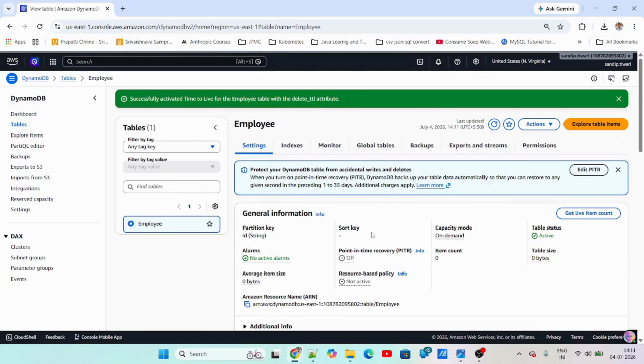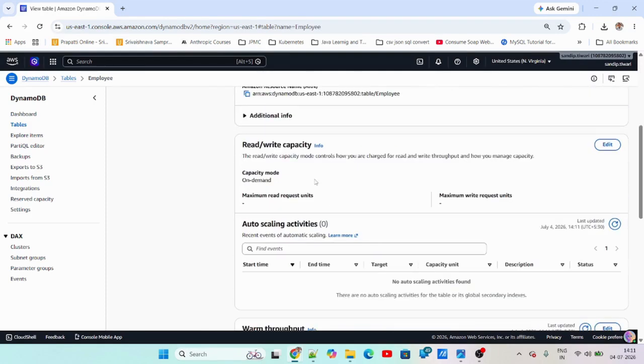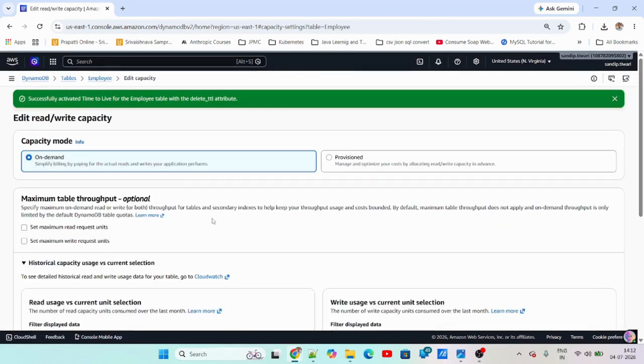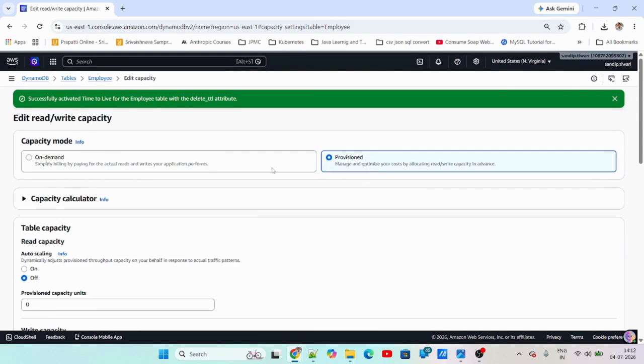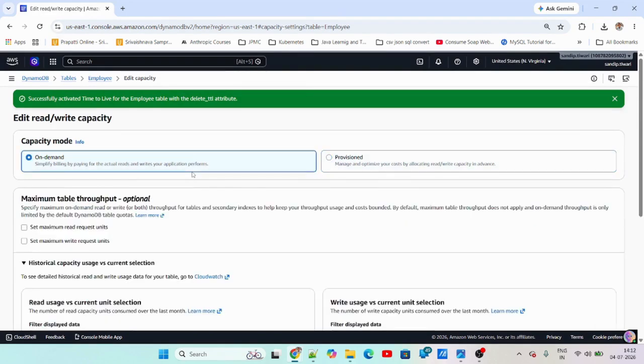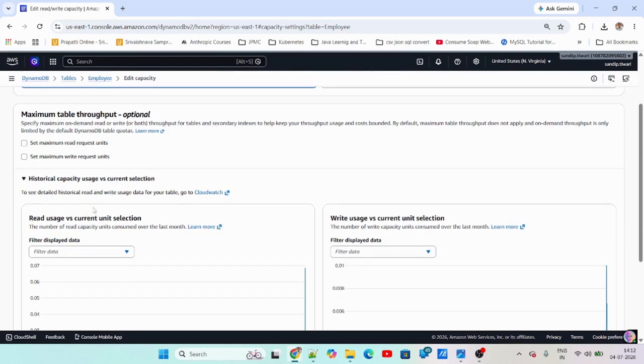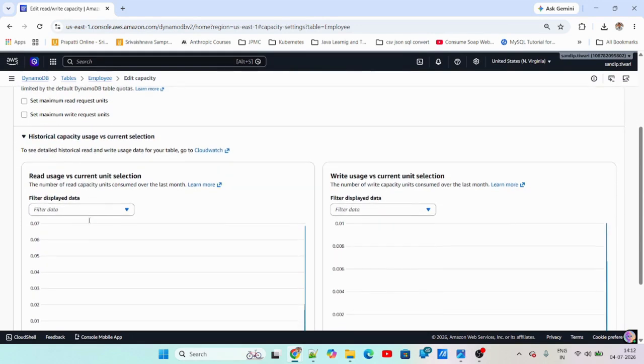If you go inside this table, there is this read write capacity. By default, it is on demand because I have not selected provision. But I can change it. If you go here, there are these two options, on demand and provision. Here you can set maximum read request units and write units.